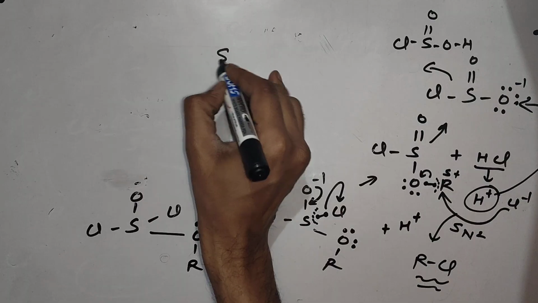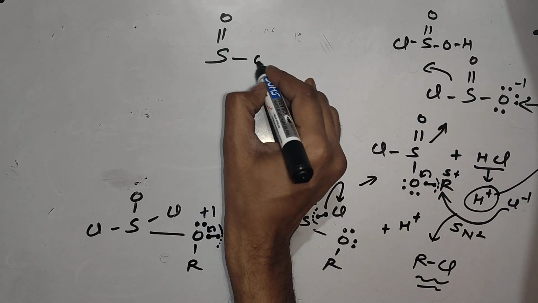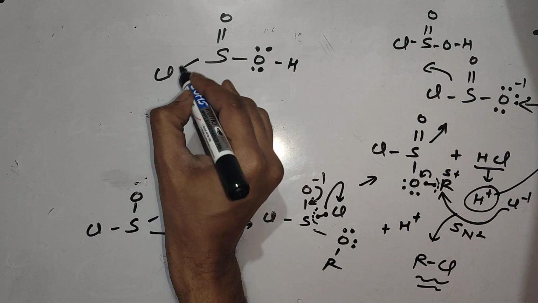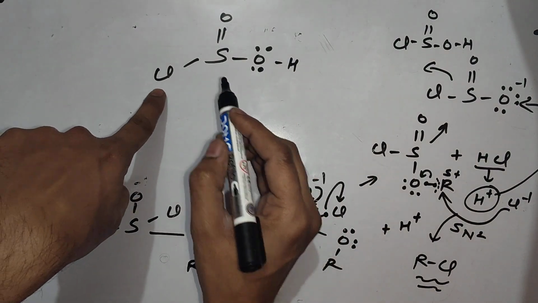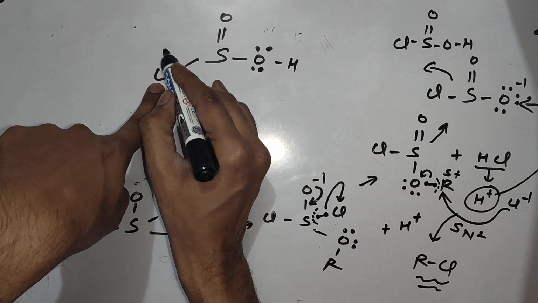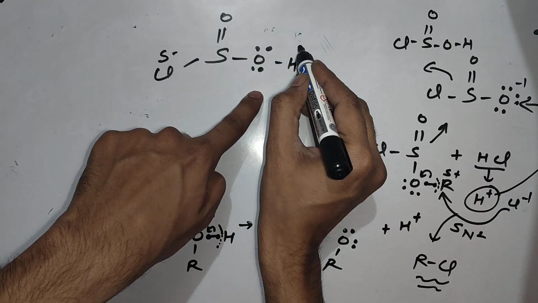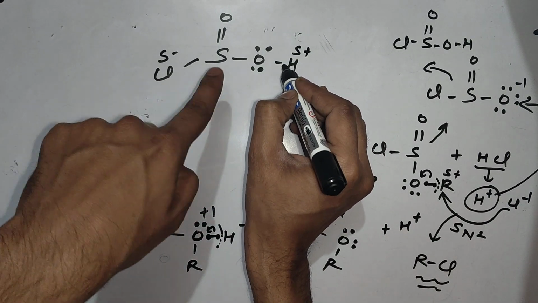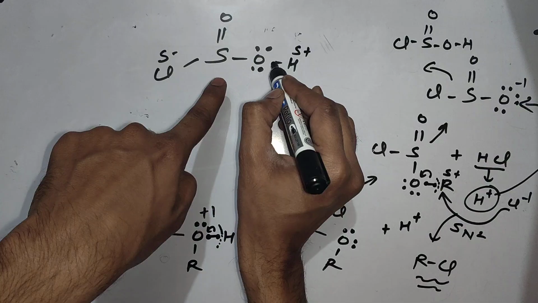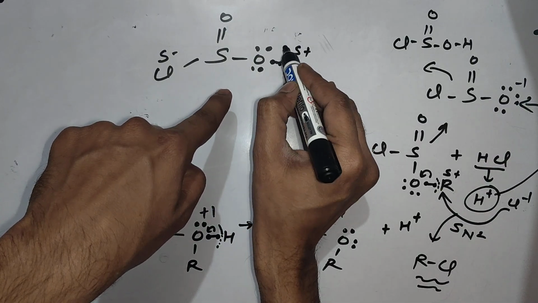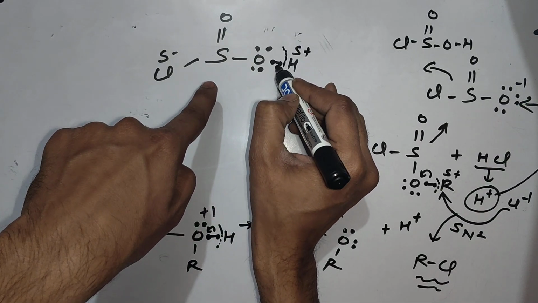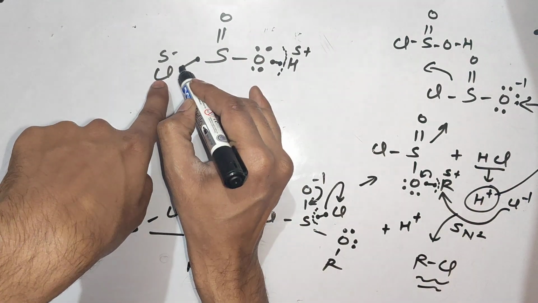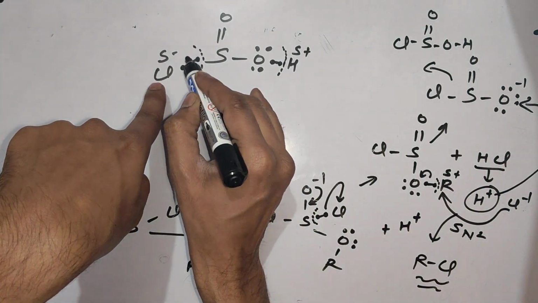This molecule finally will make itself better because chlorine is more electronegative than sulfur. Chlorine has a negative charge, hydrogen has a positive charge. Positive negative interaction will be there and bonds will break again. So when the oxygen and hydrogen bond breaks, electrons will shift toward oxygen. Between sulfur and chlorine the bond will break, and the electrons will shift toward chlorine.